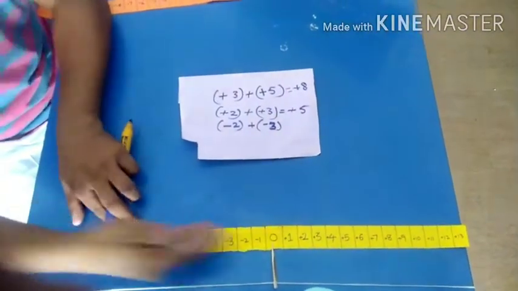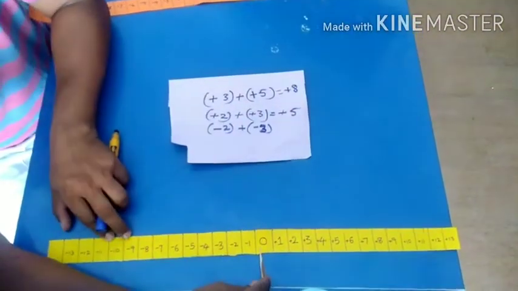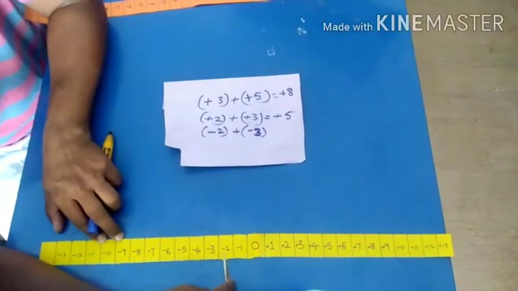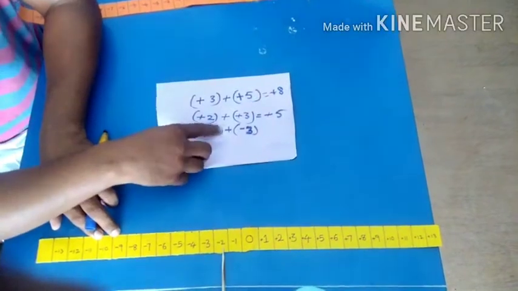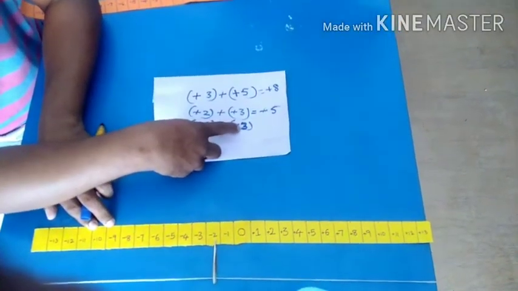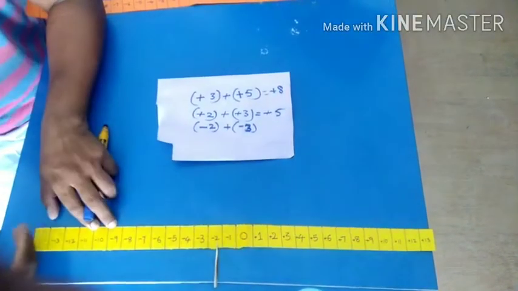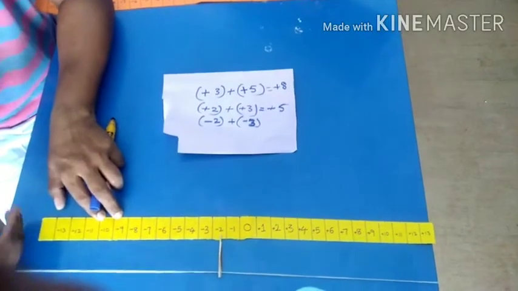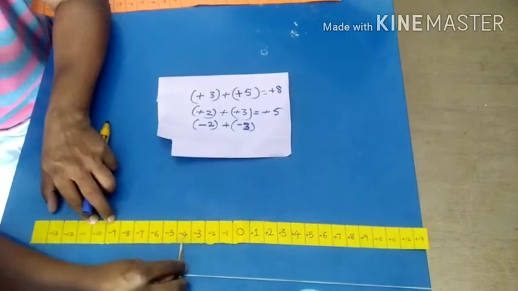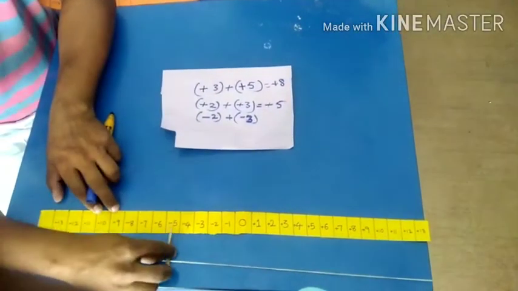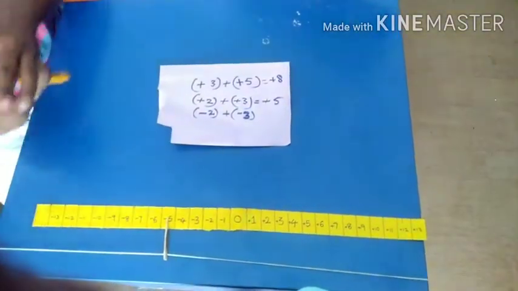Negative numbers are on which side? Left side. So minus 1, minus 2. Minus 2 is here. From minus 2, again how many digits do we have to count? 3, on which side? Left side, because the negative numbers are on the left side. So 3 digits, 1, 2, 3. Now what is the answer? Minus 5.